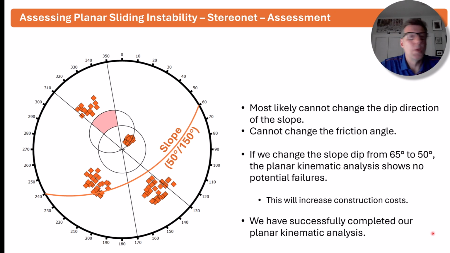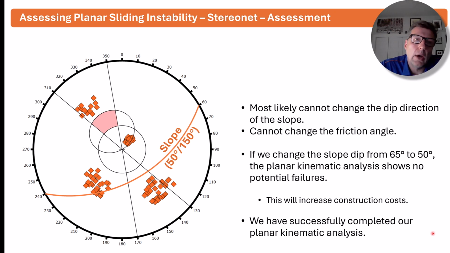We ran some tilt tests, or direct shear tests, and we measured that friction angle. The other thing we probably can't change is the dip direction of the slope. We want our slope facing a certain direction to correct for topography or something like that.